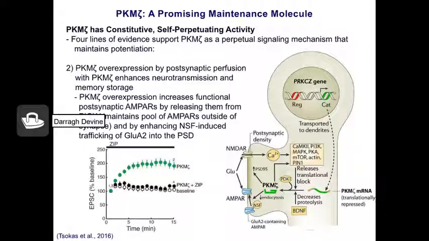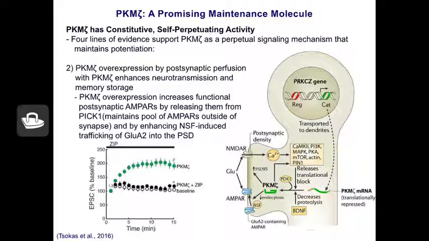It's also interesting to note that infusion of protein kinase M-zeta into postsynaptic spines actually potentiated those spines. Looks kind of similar to the effects we previously saw with infusion of BDNF. So this is in the total absence of any stimulation. Just administration of the protein kinase M-zeta itself potentiated the spines.